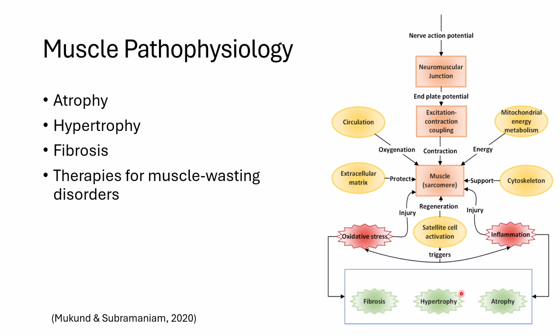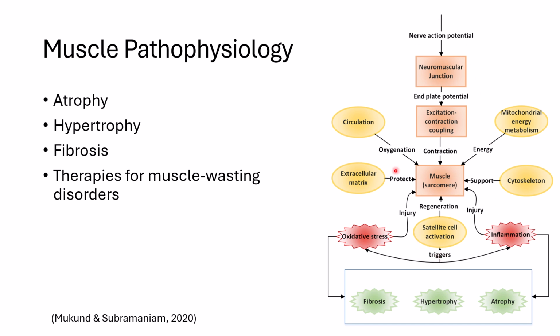It's driven by resistance training and signals from IGF-1 and the mTOR pathway, which boosts protein synthesis. Last, we have fibrosis, which we touched on earlier. It happens when chronic damage leads to excessive extracellular matrix buildup, making muscles stiff and less functional. Understanding these processes helps us develop therapies for muscle-wasting diseases, age-related decline, and even recovery strategies for injuries.